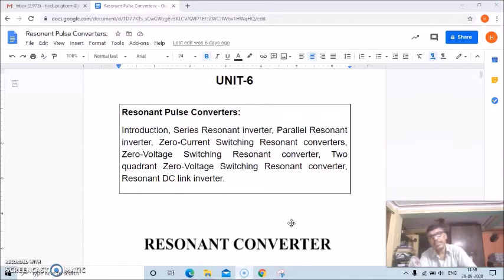So with this basic idea, today we'll discuss in detail this resonant pulse converter as per our syllabus, that is curriculum. Last class I also told you that the resonant pulse converter content, besides the introduction, covers series resonant inverter, parallel resonant inverter, zero current switching resonant converters, zero voltage switching resonant converter, two quadrant zero voltage switching resonant converter, and resonant DC link inverters.